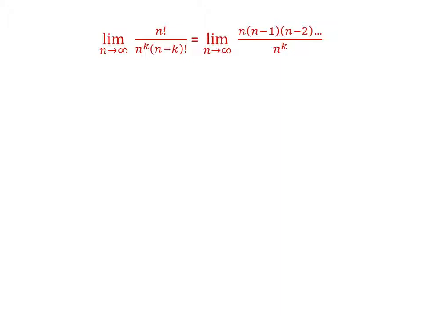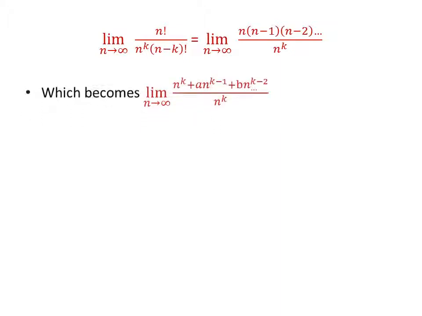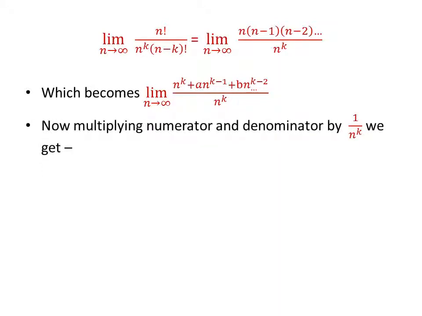We therefore have n times n minus 1 times n minus 2, etc. in the numerator, k number of factors, all over n to the k power, taking the limit as n increases without bound, using the fact that the factors in the numerator can multiply together to give us a polynomial of degree k, taking the limit as n approaches infinity, and multiplying both numerator and denominator by 1 over n to the k, we now get this expression which approaches 1 as n approaches infinity.